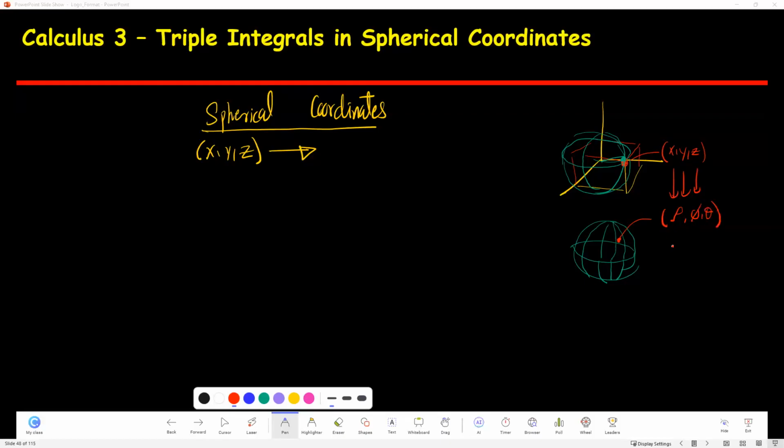Okay, rho is basically the radius of the sphere. Phi is the angle from the positive x-axis.